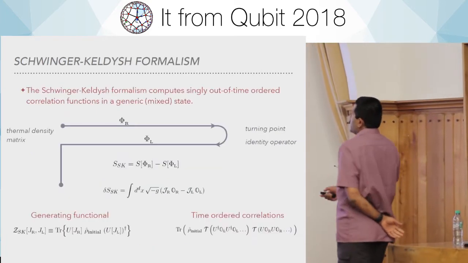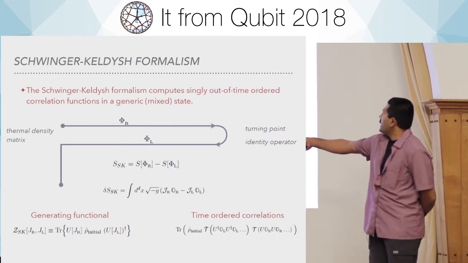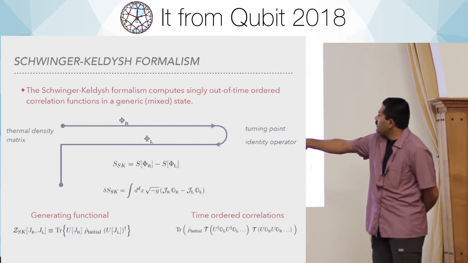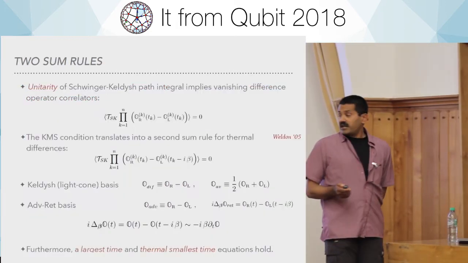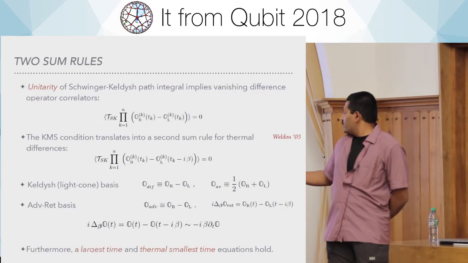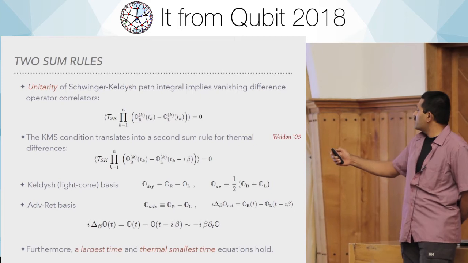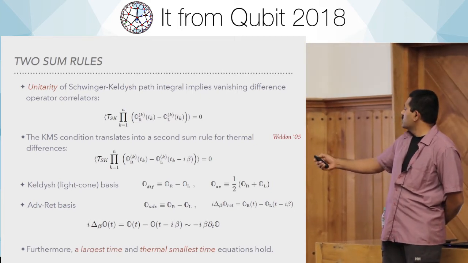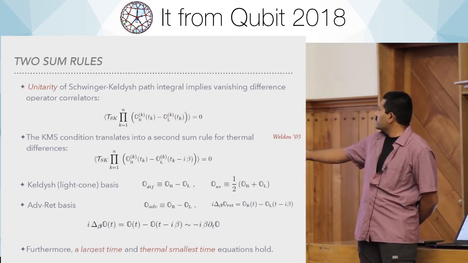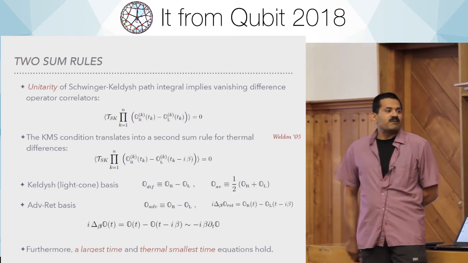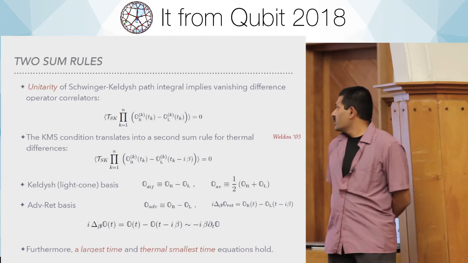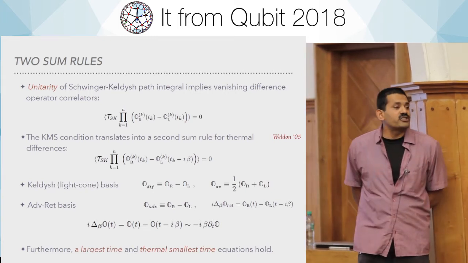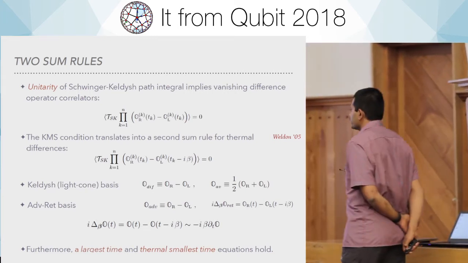Furthermore, if you're in a thermal state, you can take an operator that's here and move it back through Euclidean time and bring it down here, which leads to a second set of Ward identities, which says that if you insert an operator on the top part of the contour and insert the corresponding operator on the bottom part, but shifted by i beta, that correlation function also is 0. This is the generalized KMS condition that one would have.